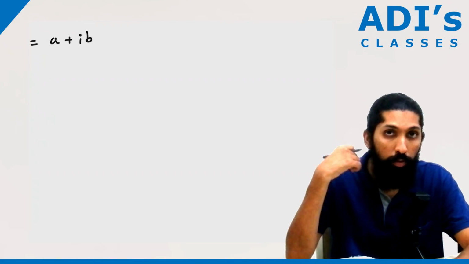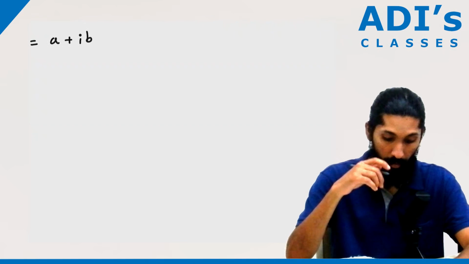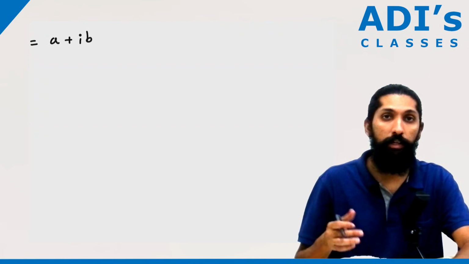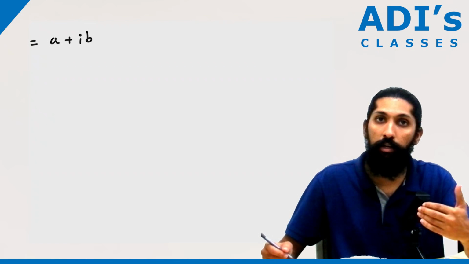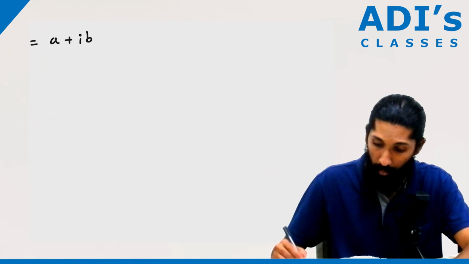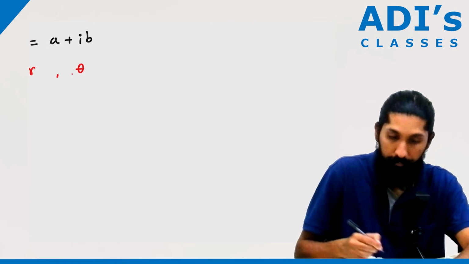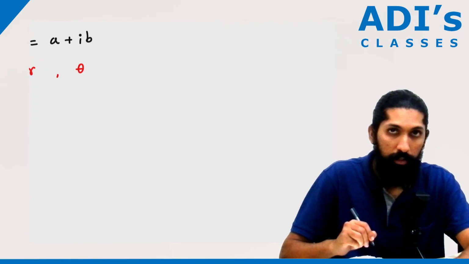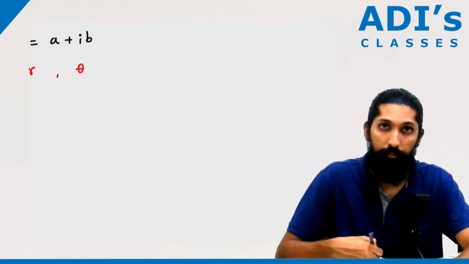There is one more way of representing it, that is the polar form. In polar form, we include two important parameters in describing a complex number, those are r and theta. r is the modulus and theta is the argument.